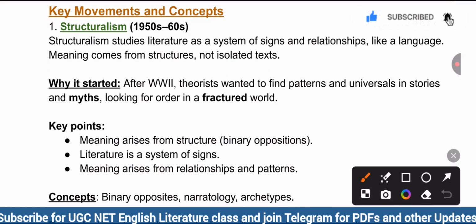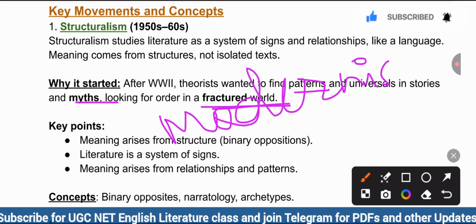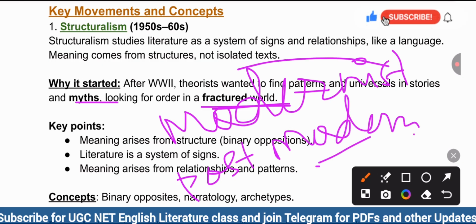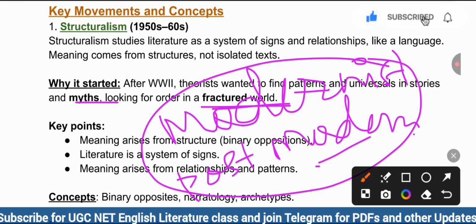Why did it start? What was the need? After World War II, theorists wanted to find patterns and universals in stories and myth, looking for order in a fractured world. If you have seen the previous video, you will find that in the modernist age and the postmodernist age, the world was very chaotic. In this age, the writers were finding a meaning to live again. And in this world, they thought, why should they find out any meaning?